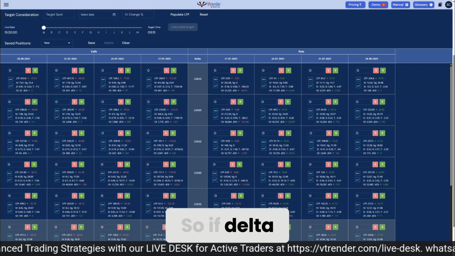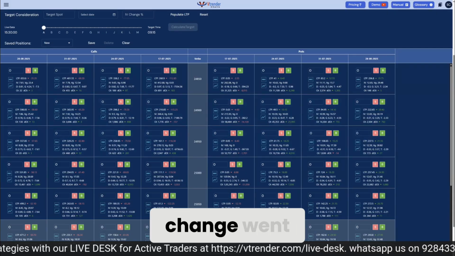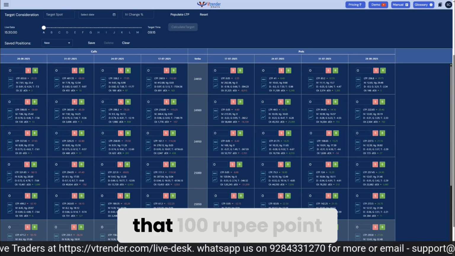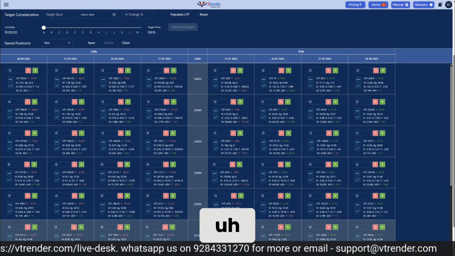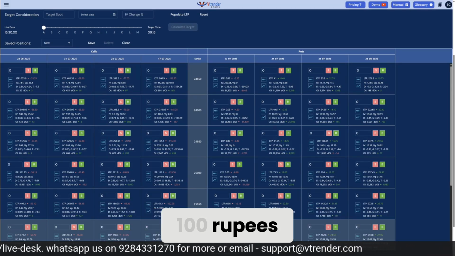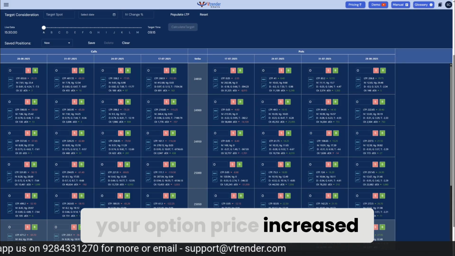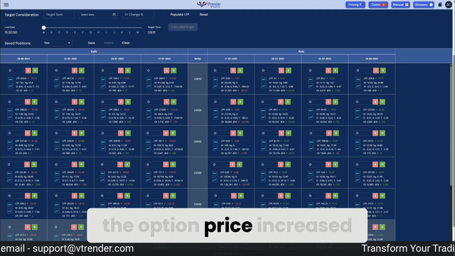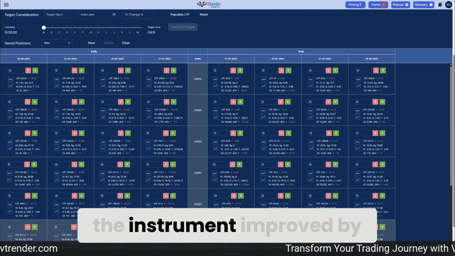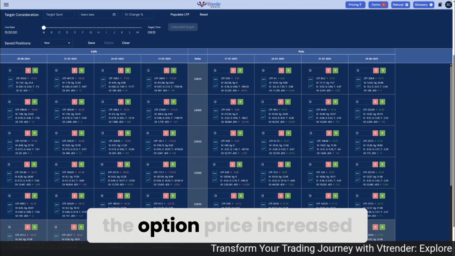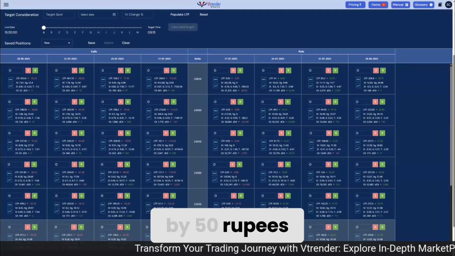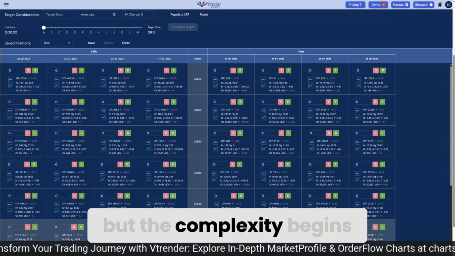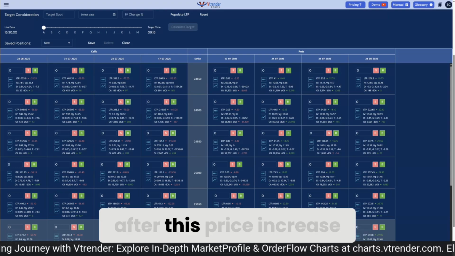The instrument moved by about 100 rupees, and the option price increased by 50 rupees. All that is good and simple to understand. But the complexity begins after this price increase.